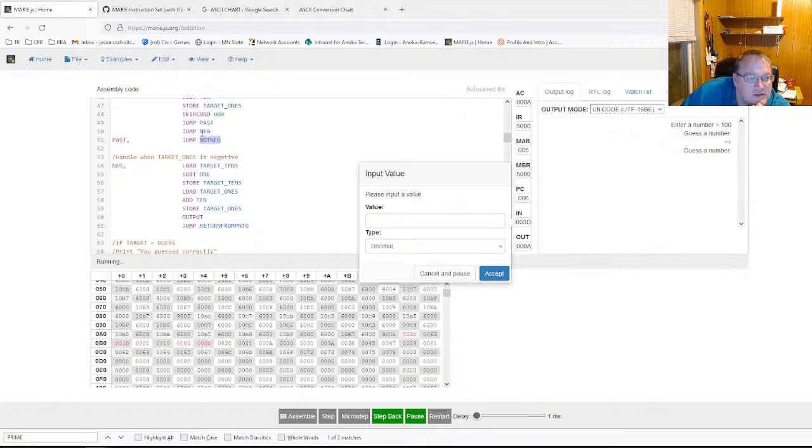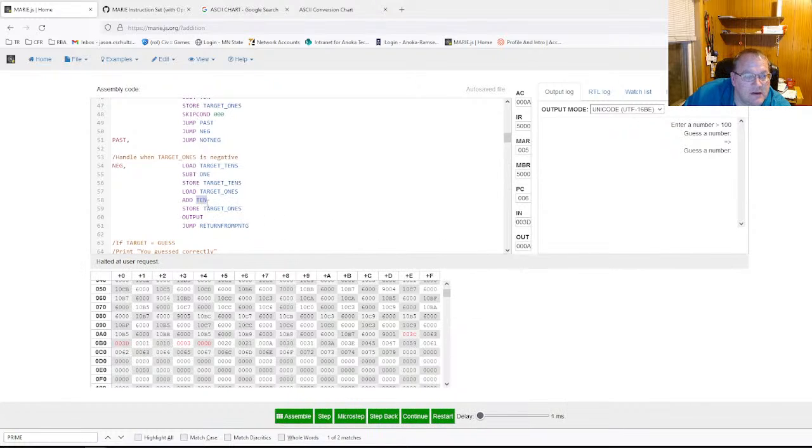Okay, so when it becomes negative, then we load the tens place. We subtract 1 from it, because we've gone too far, because that's why we got the negative number. And then we're going to store that back in. And then we're going to load the ones place. We're going to add 10 to that. Why are we adding 10 to that? Because we need to reverse what we just did on the negative side of things.